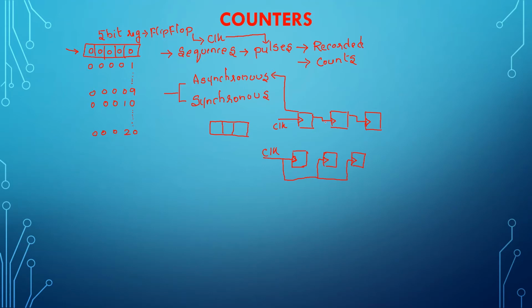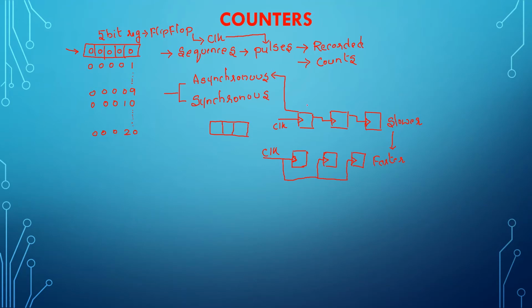But when it comes to speed, normally synchronous counters are faster when compared to asynchronous counters. Comparatively, the asynchronous counter is slower. Quite obvious. The reason why this will be slower is the clock inputs will not be fed at a time to all the 3 flip-flops, isn't it?